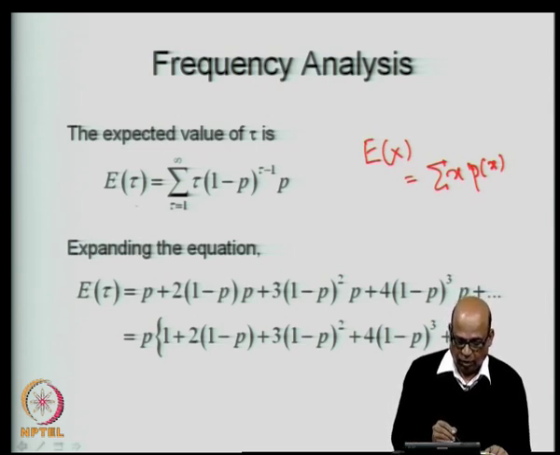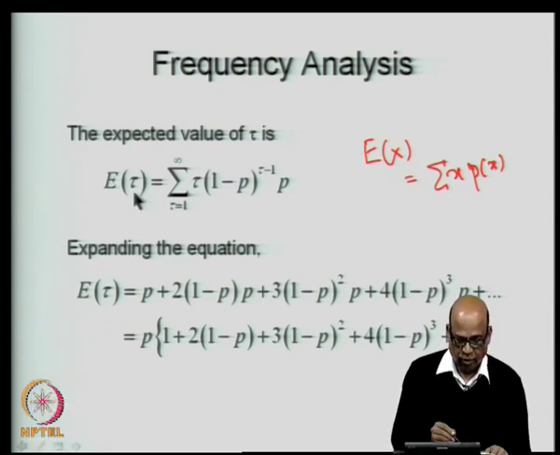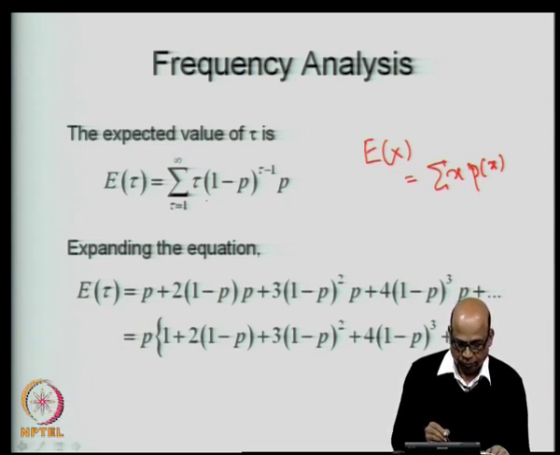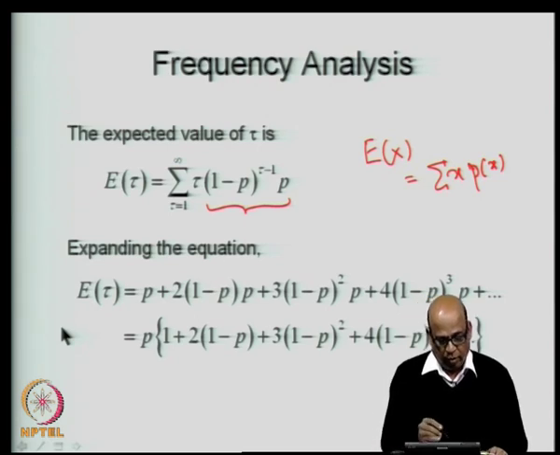In the same way, we now define it for the random variable tau: the expected value of tau is the value of tau itself multiplied by its probability of occurrence. So, x into p of x gives the expected value. This is how we get the expected value of tau.